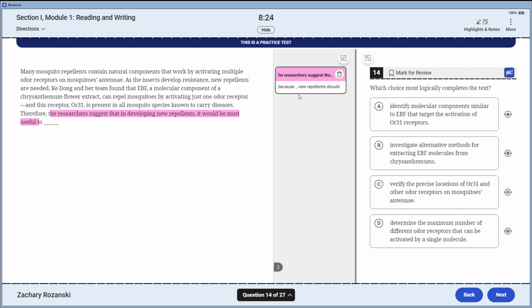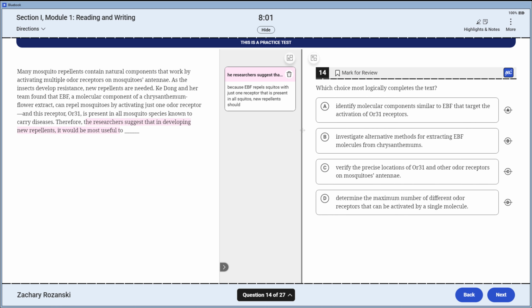So because EBF repels squeedos with just one receptor that is present in all squeedos, new repellents should. All right, new repellents should what? Let's go for these answers. I feel like I've got enough to go for it.